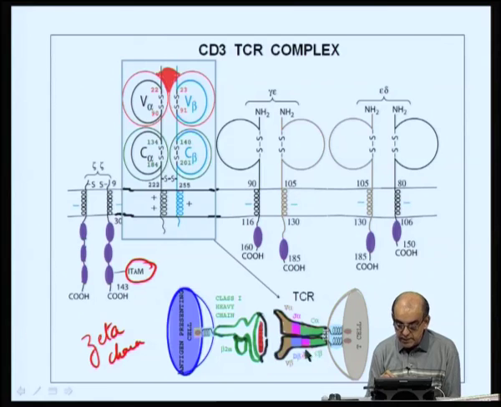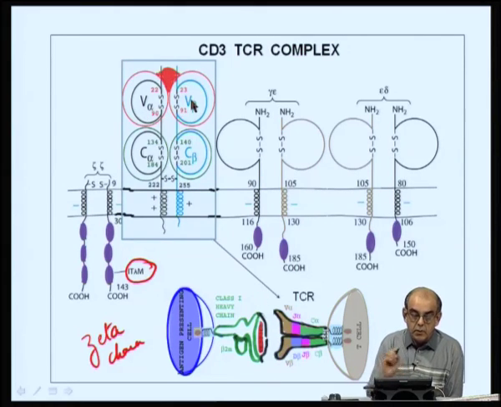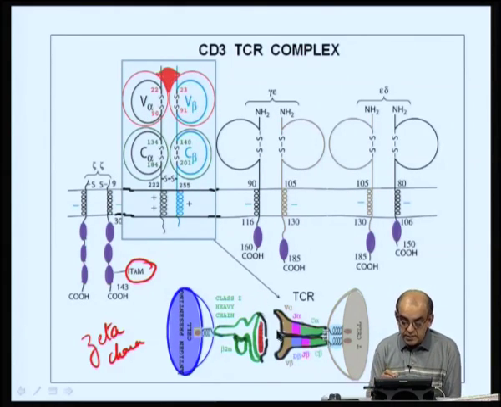And just for simplicity, I have represented it as a structure that can recognize this entire complex of MHC1 that is presented by the antigen presenting cell, and that is bound with the peptide at the antigen binding groove of the MHC. So, you see that these brown portions are the variable portions coming from the variable alpha or the variable beta. So, this red portion here is the peptide plus MHC.